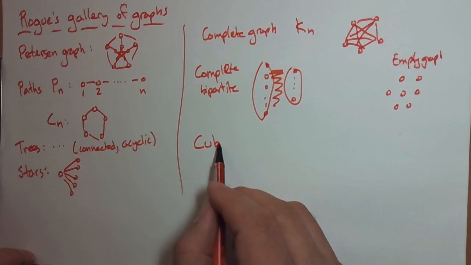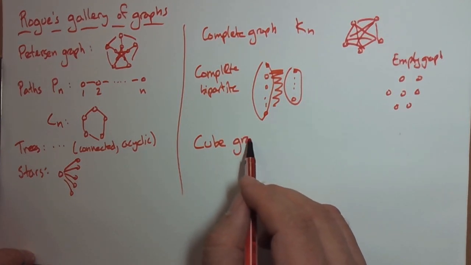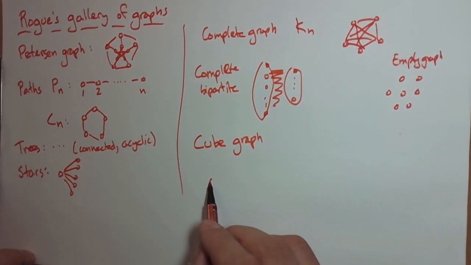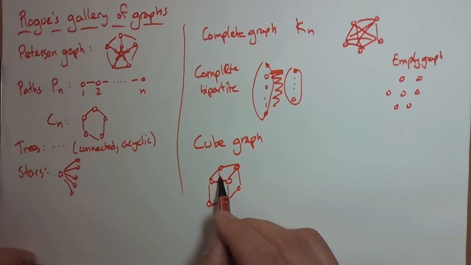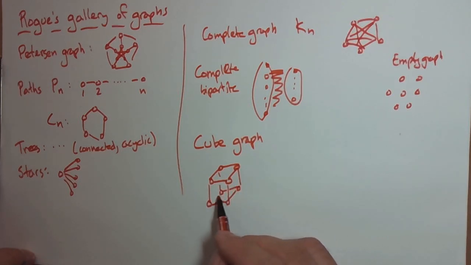What about the cube graph? Is this just any graph that can be written with binary labels, basically? Well, there's an interesting question about isometric embedding.